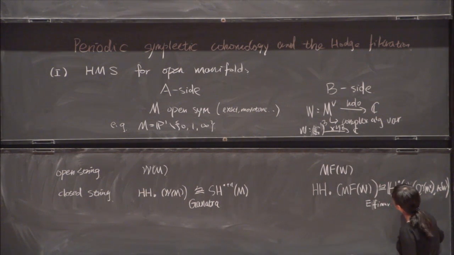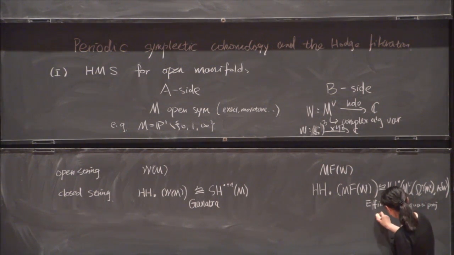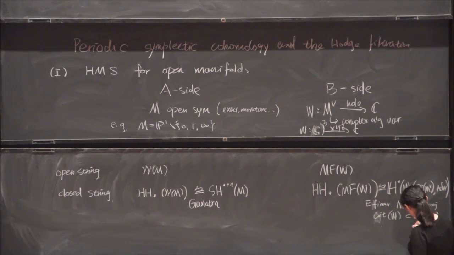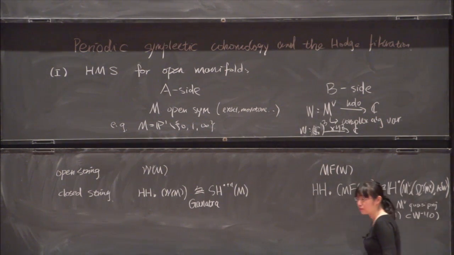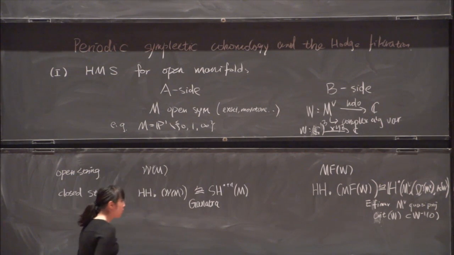We'll assume M check is a quasi-projective variety, and the critical locus of W is supported on the inverse image of 0.